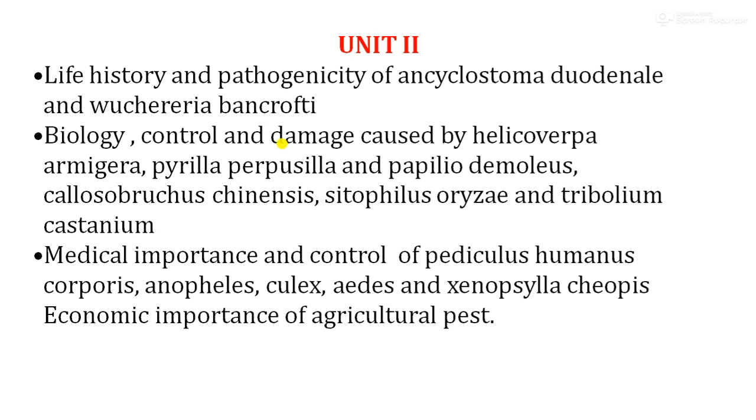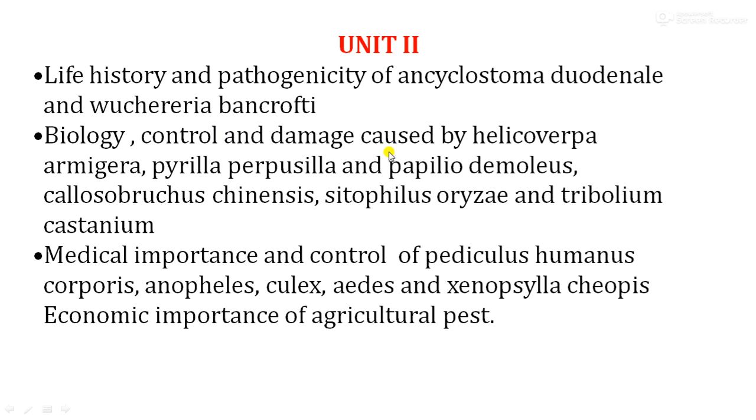We have to study the complete life history, different life stages of these pathogens and their pathogenicity, means how they cause the disease in human beings, what kind of damage they cause to our systems, our body parts, and the symptoms of those diseases and how to control those diseases.